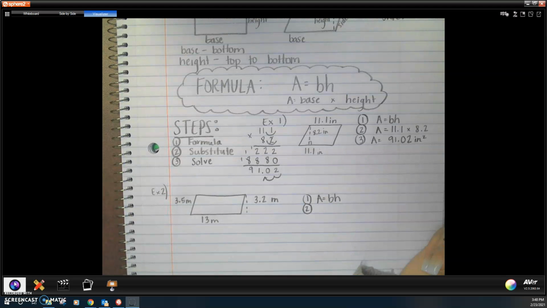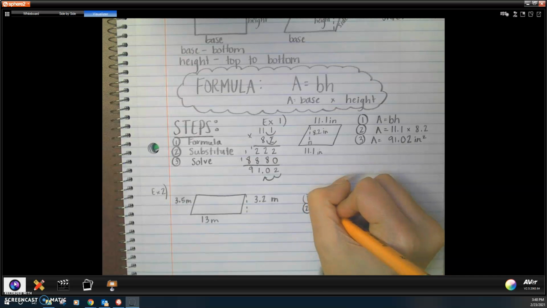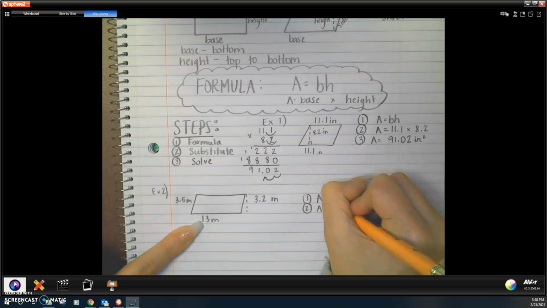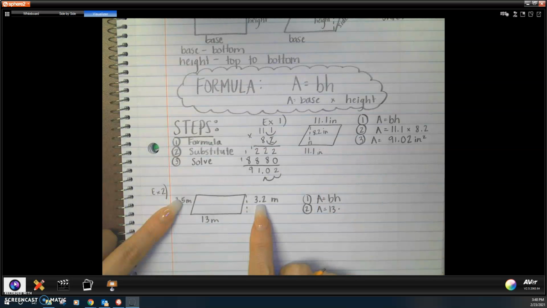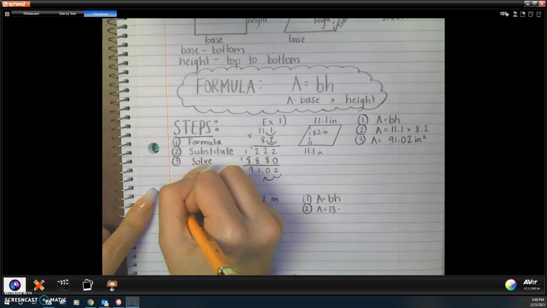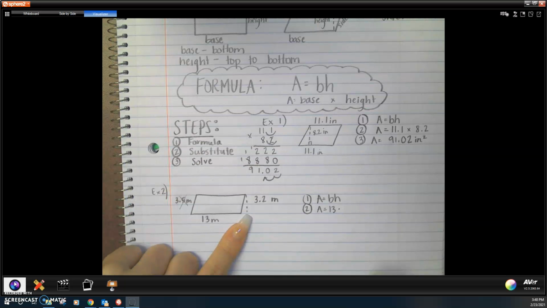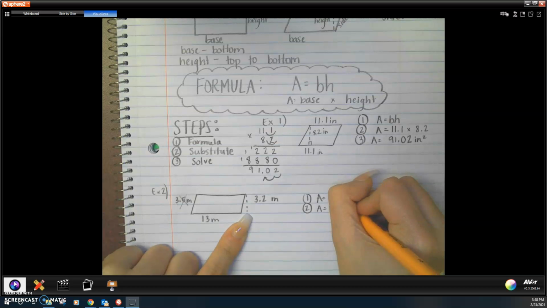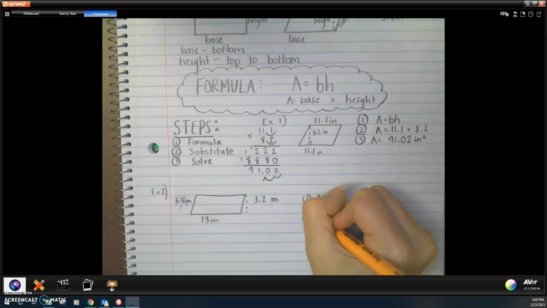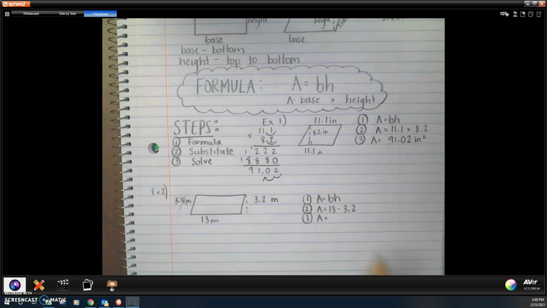Step 2, we replace. We're looking for A. Base is the bottom, which is 13, times the height. Well, we have two other numbers, but this one's slanted. We do not use this one. We use the one that is straight. So 3.2. And then step 3, we solve. Since they both have two digits, it doesn't matter which one I put on top.